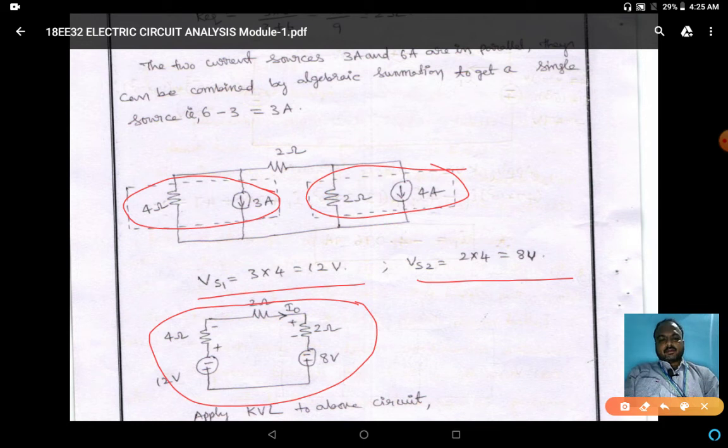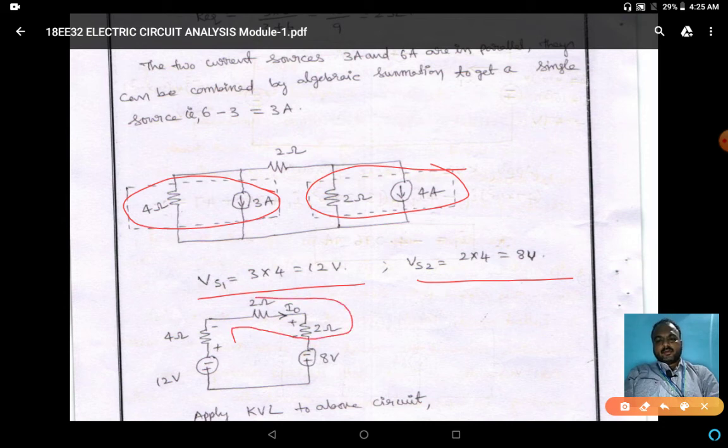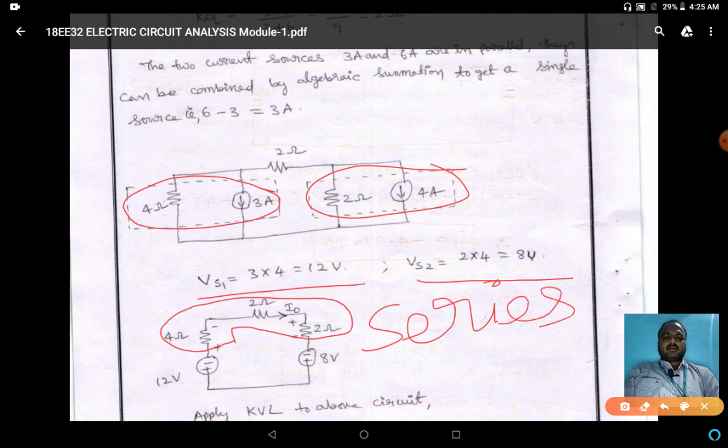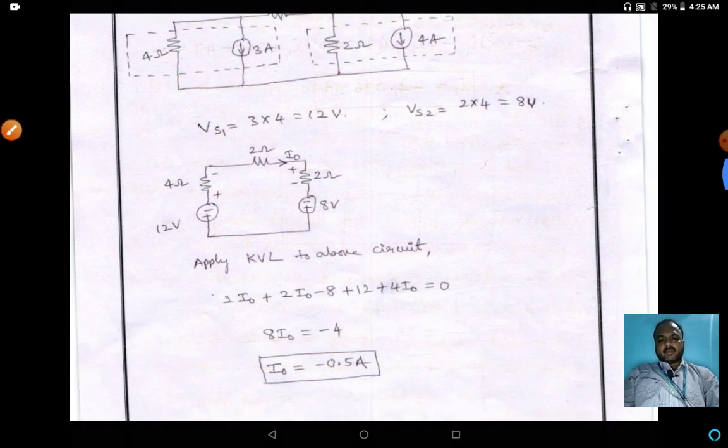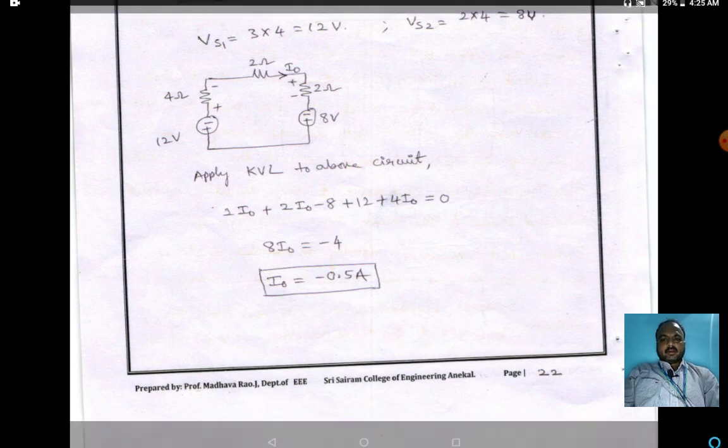See the circuit. Now the 4 ohm, 2 ohm, and 2 ohm are in which combination? These are in series. Now apply KVL to the above circuit.